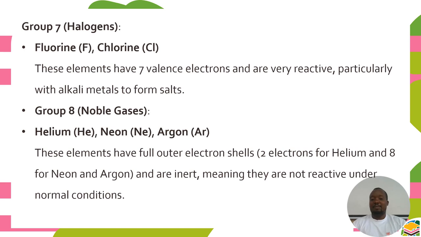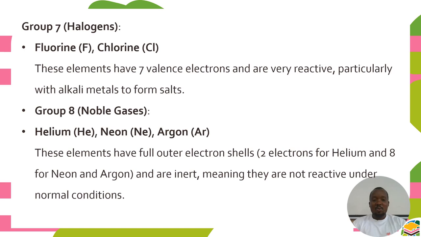So you can see that for helium, the outermost shell is full, while for the rest, the outermost shell is full with 8 electrons, meaning they have more than one shell. And they are inert, they are unreactive. No wonder they're called noble gases, meaning they are not reactive under normal conditions.